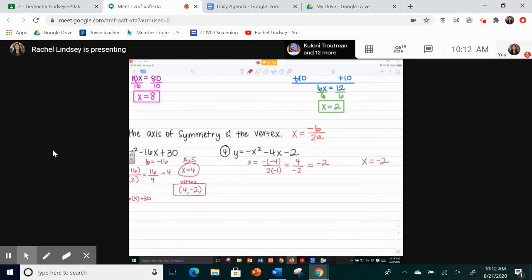Then you have to find your vertex. You can plug it in the calculator, find it that way using the table, or you can just do -2 squared minus 4 times -2 minus 2. Anybody know what that gives you? +2. There's my axis of symmetry and my vertex.